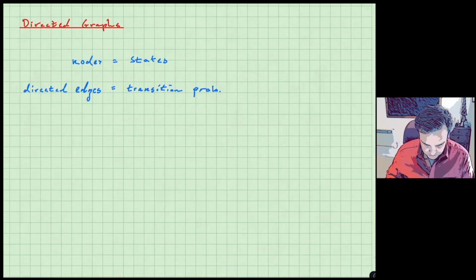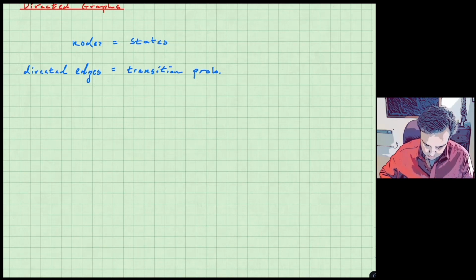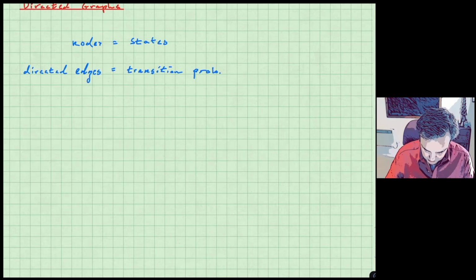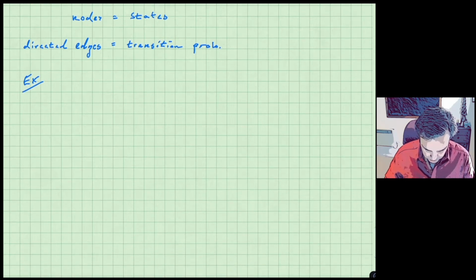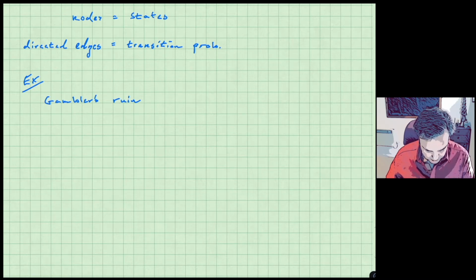Right? So the first example I want to try it on is the gambler's ruin. This is an example of how to use a directed graph for a Markov chain. So we're going to use the gambler's ruin problem again. And if you remember, this one was set up in the following way.